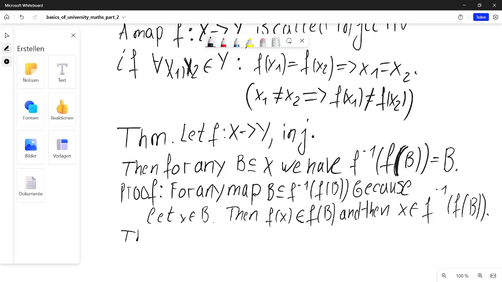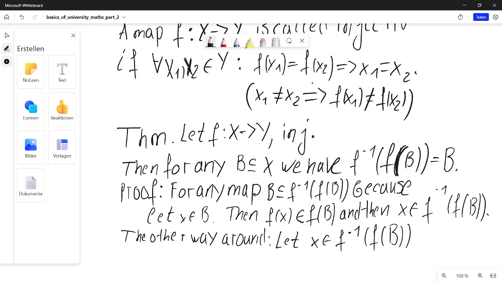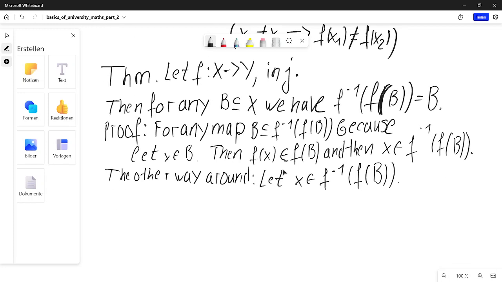The other way around, that is, we have a subset relationship. Let x be an element of f minus 1 of f of b. And that is now for our injective map.